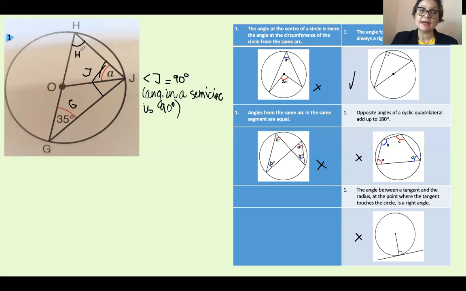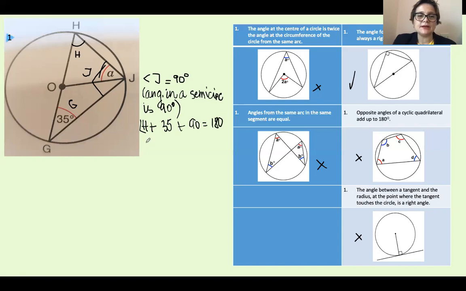Can we find angle H? Of course we can. Triangle GHJ is a right-angled triangle. So we are going to have angle H plus 35 degrees, which is angle G, plus 90 equals 180.